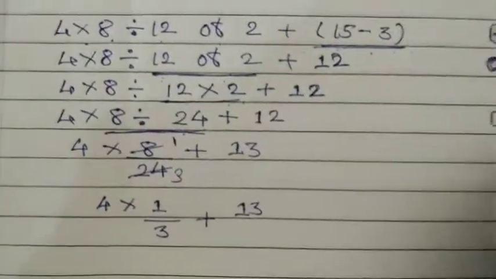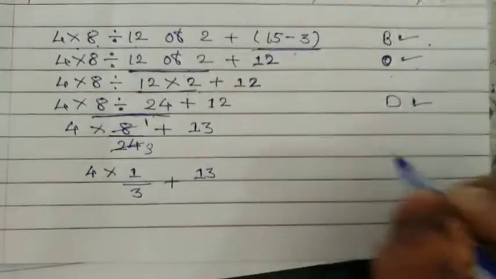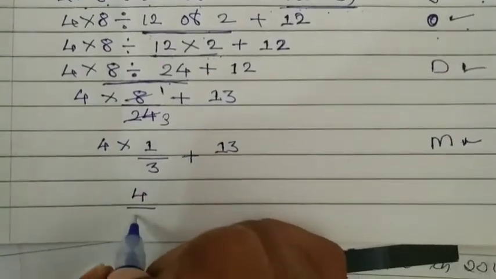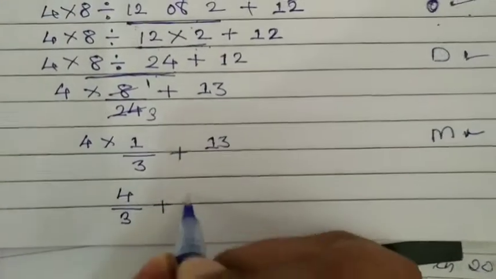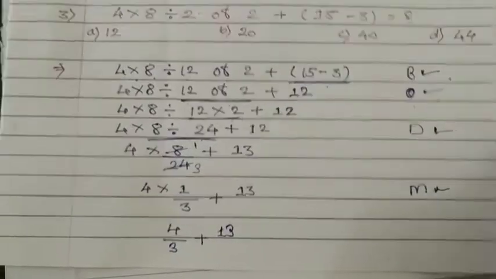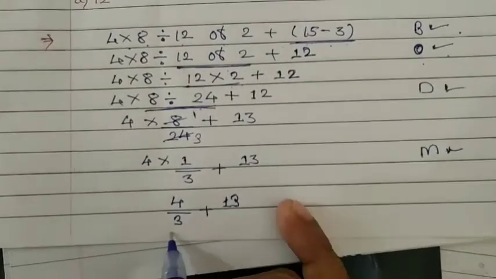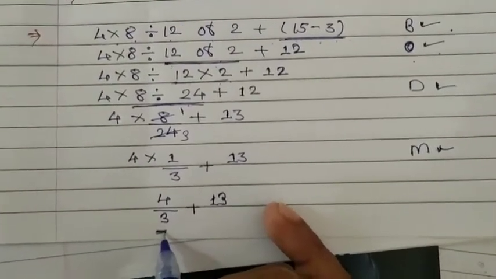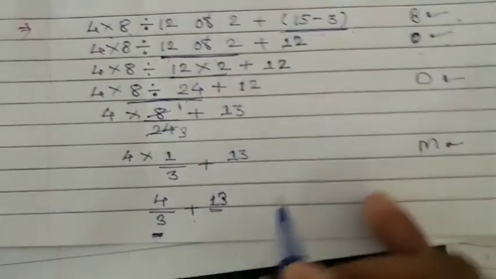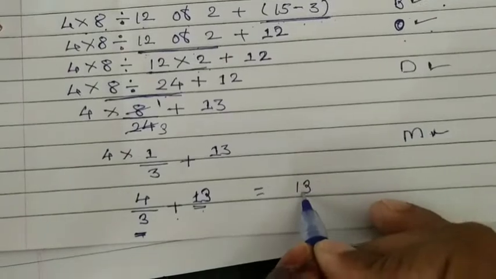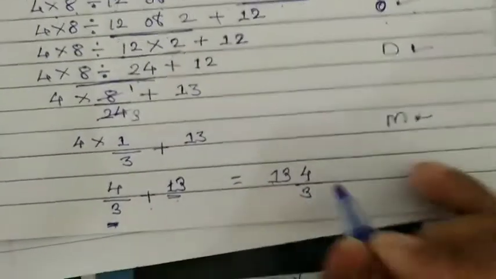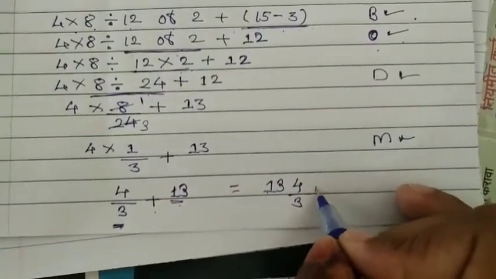So division complete, then multiplications. 4 by 3 plus 13. 4 by 3 is a fraction number, 13 is a real number. So 13 4 by 3 is our answer.